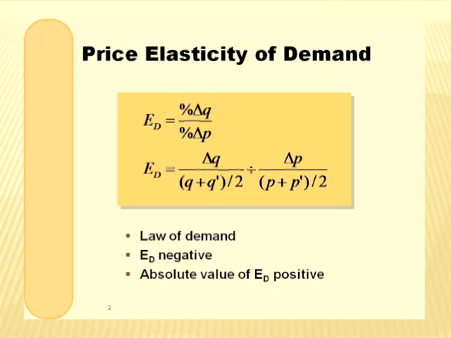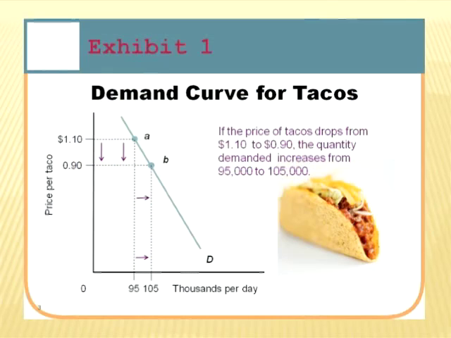One or the other of the two of them is going to have to be a negative amount, and the reason being because of the law of demand. So typically, we simply ignore the negative sign. What we're interested in is the absolute value of this, how large is this? We're interested in the push and the pull, where one push is the price and the other is the quantity.